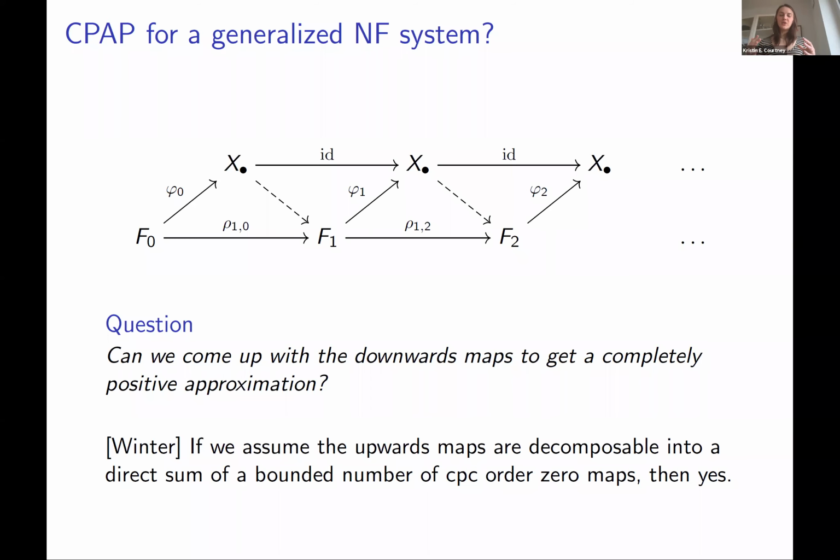And so in the case where your maps actually decompose as order 0 maps, you're able to guarantee that you don't have too much noise conflicting. But when they're only convex combinations of order 0 maps, the extensions can interfere with each other too much to give you a genuine approximation.